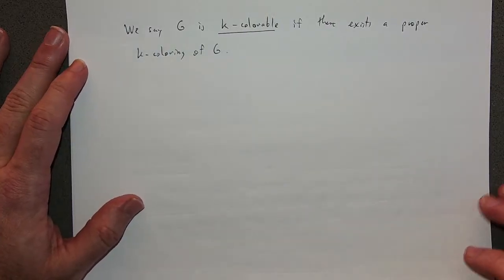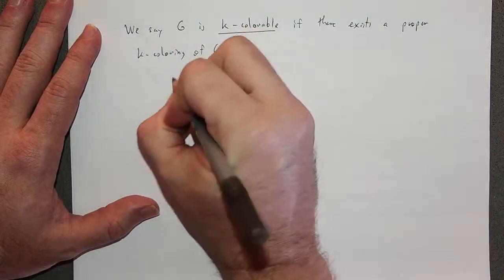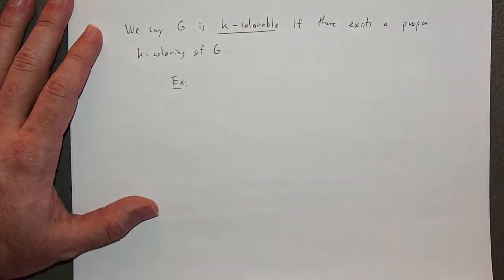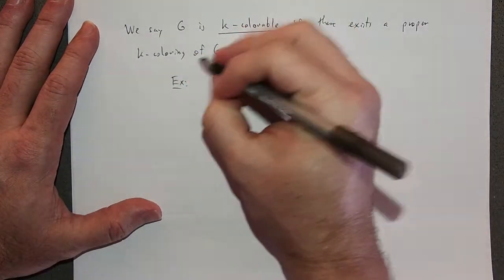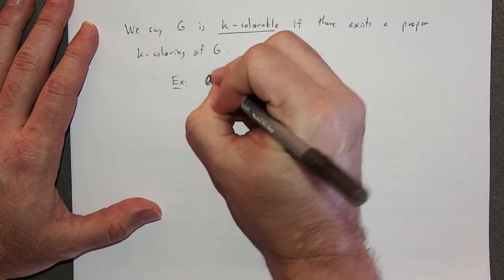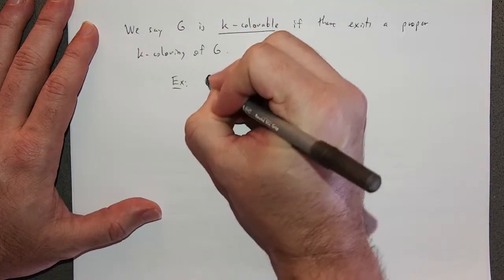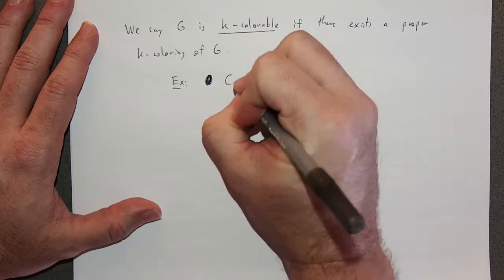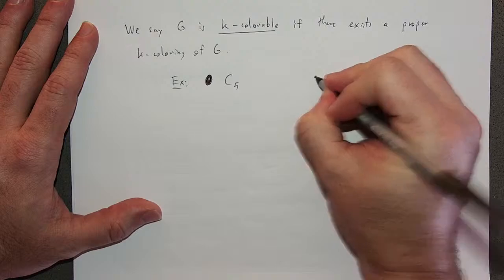Okay. So, quick example here. I should have just said let G be C5, the cycle on 5 vertices.